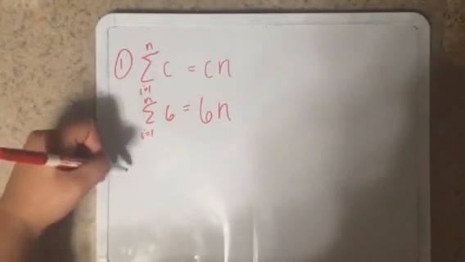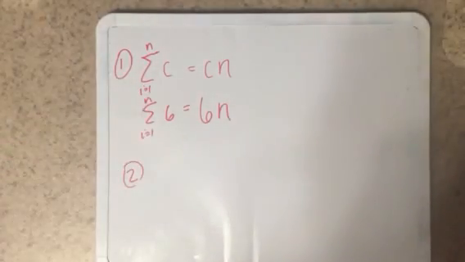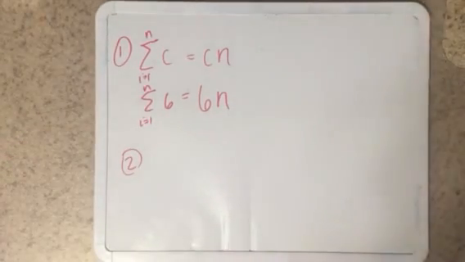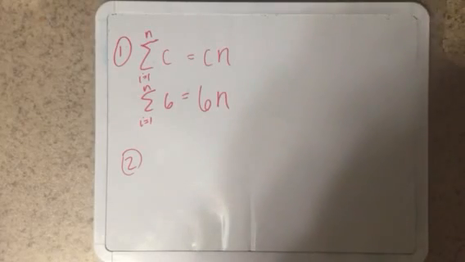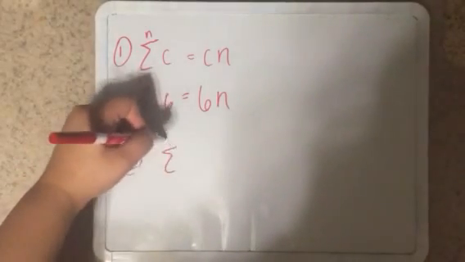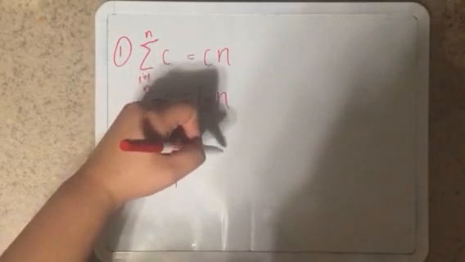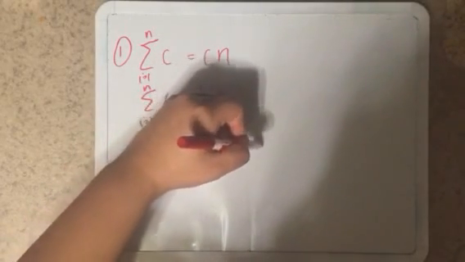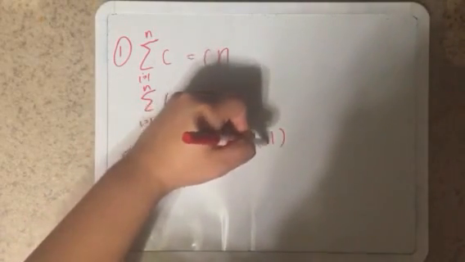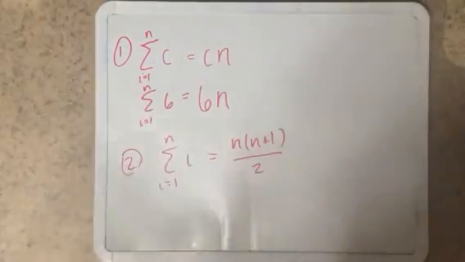Now, the second one is when the sum from i equals 1 to n of i equals n times n plus 1 over 2.